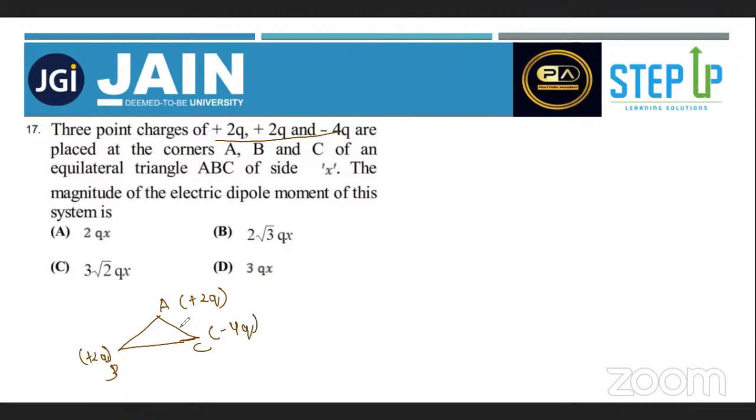As we know, the direction of a dipole is always negative to positive. So here it's negative to positive, and I get one dipole.